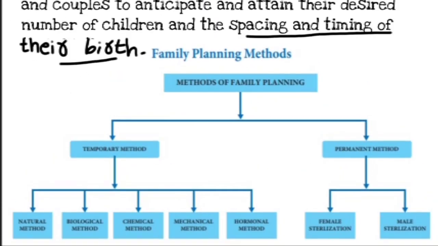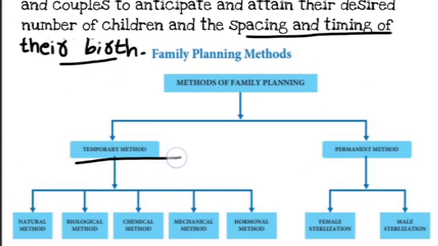Next, we have family planning methods. In family planning methods, we have two branches, temporary method and permanent method. In the temporary method, for a particular time, the couple can have sexual intercourse, but still they can't attain the pregnancy condition. That is the temporary method. And in the permanent method, after it is performed, even if the couple is involved in sexual activities, the chance of getting pregnant is very low.